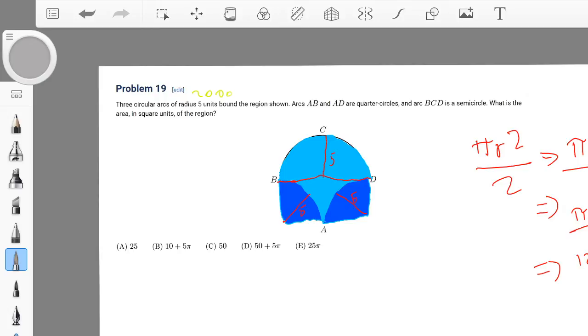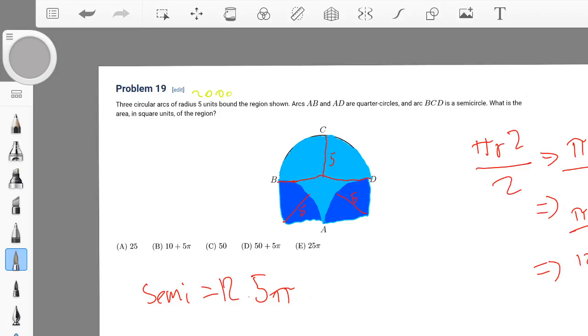That is the area up here, so semi equals 12.5 pi. A lot of you at home must be thinking that we should calculate 12.5 times pi, but let's not get into that yet. We can do that at the end.